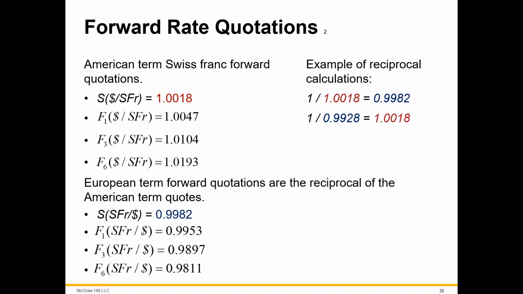Now that's not necessarily true, actually, to a great degree because of interest rates, right? So let's say prevailing interest rates for dollars is 4% and prevailing interest rates for francs is 2%. So if I own dollars, my $1 will turn to $1.04, and my 1 franc will turn to 1.02 francs.